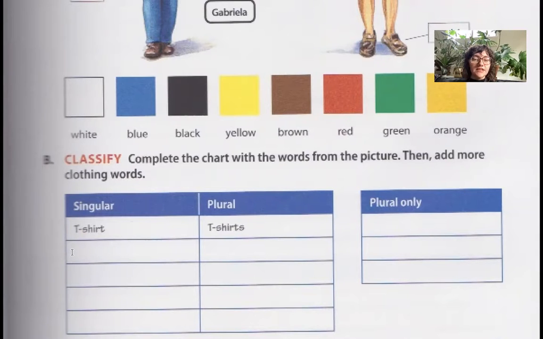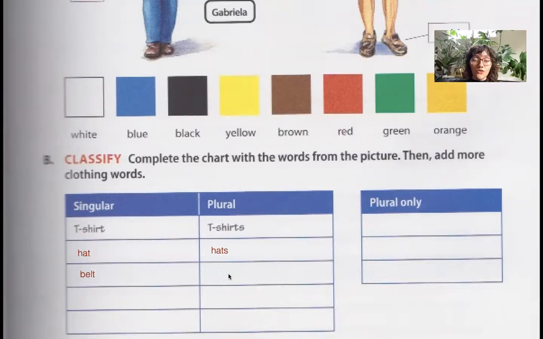Next one, let's talk about hat. If we say hat, that's one. But if we have more than that, we say hats, right? If we have belt, one belt is just belt, right?